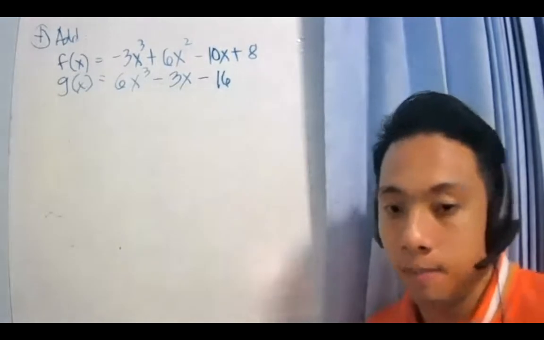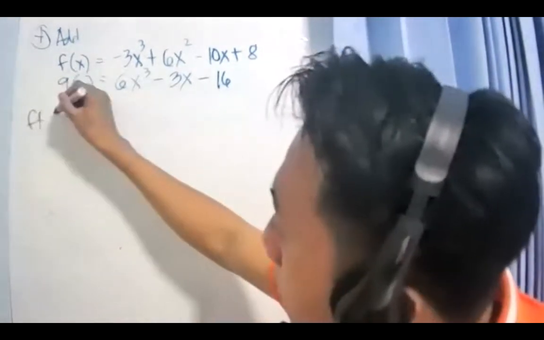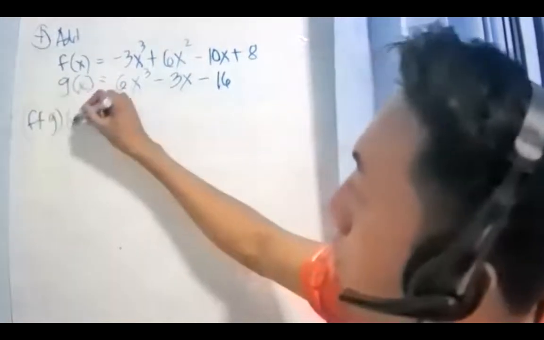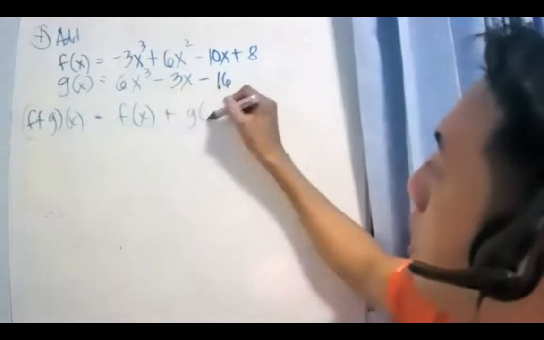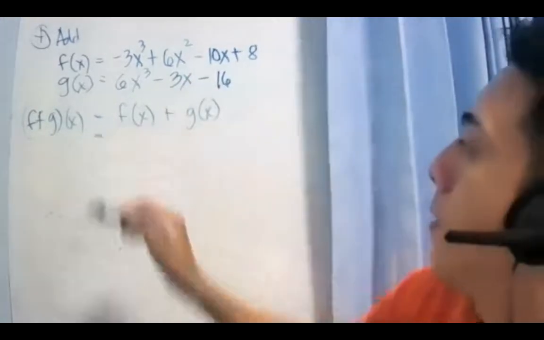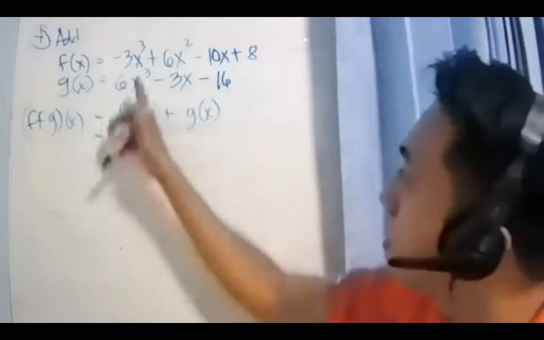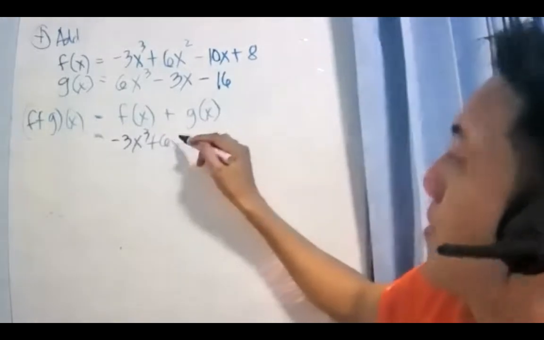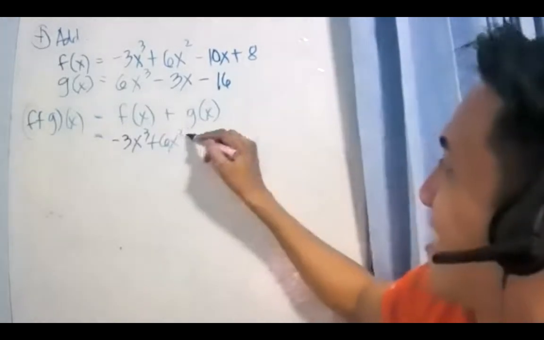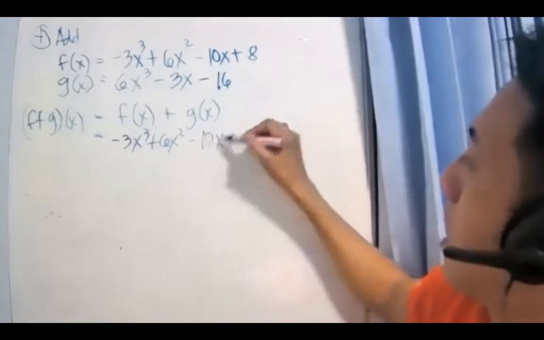Okay, so let us solve for f plus g of x, and then f of x plus g of x. Copy. The value of f of x is negative 3x cubed plus 6x squared minus 10x plus 8.